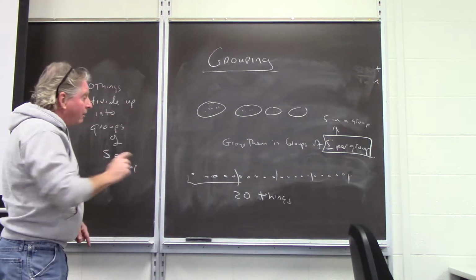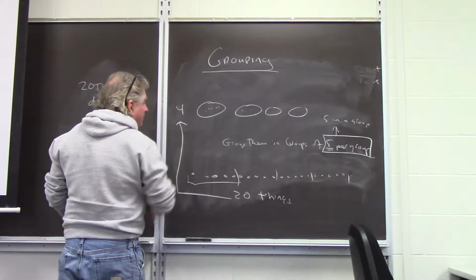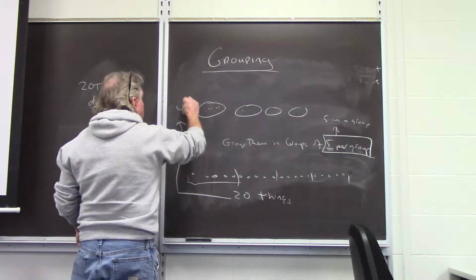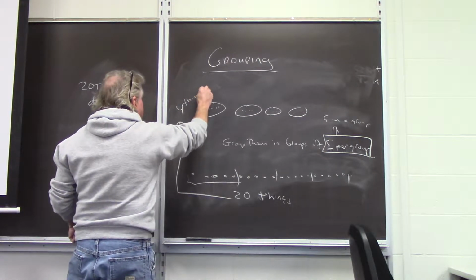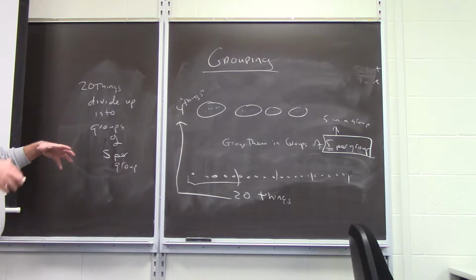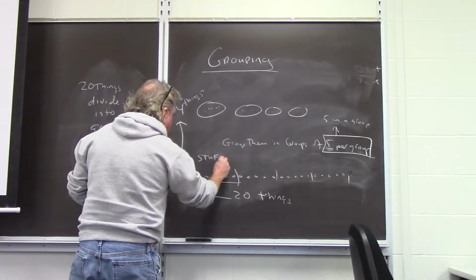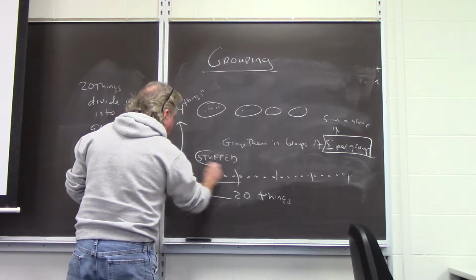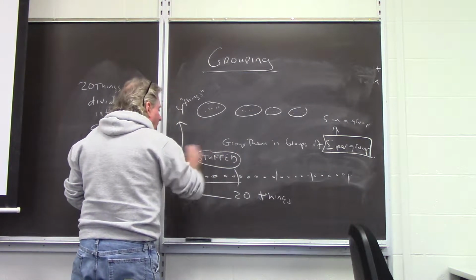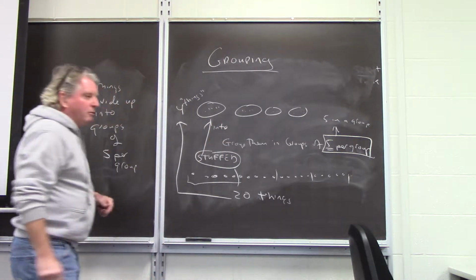Okay, so I go from 20 things basically down to 4 things, which I call my groups. What we did is that we stuffed, in a sense, our things into our groups.